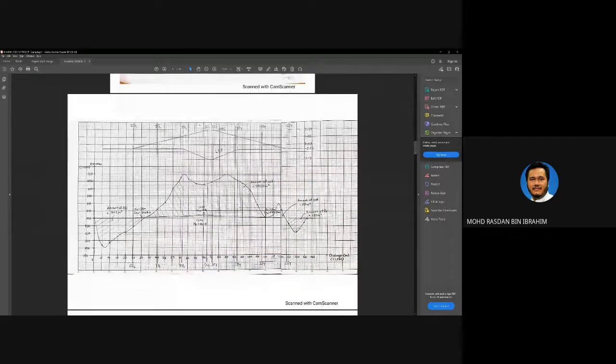So this is your existing terrain height. This line here is your vertical design, vertical alignment. Meaning that you are cutting this hill, all this you have to cut off.